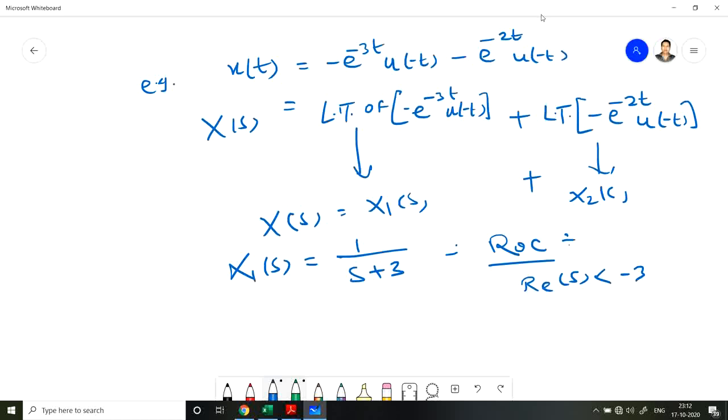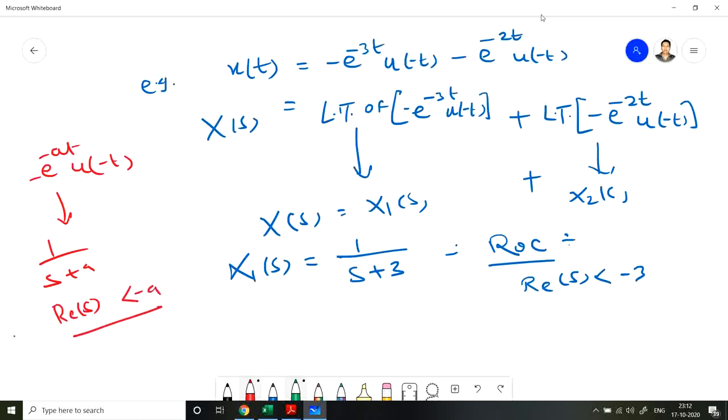If we just remember the relation, the Laplace transform of minus e raised to the power minus at into u of minus t is 1 divided by s plus a, and the ROC is real part of s less than minus a. If we remember the previous question that we have solved in the last lecture.